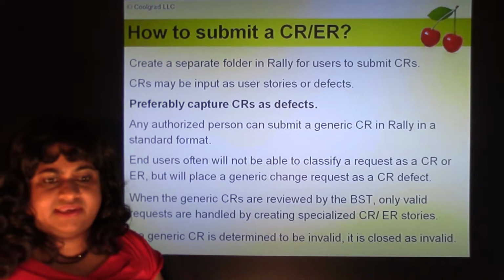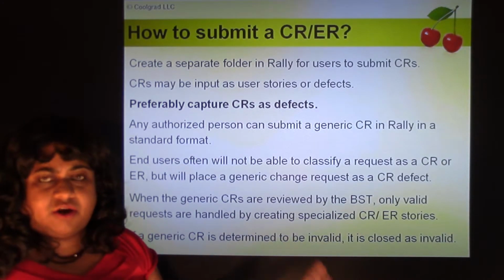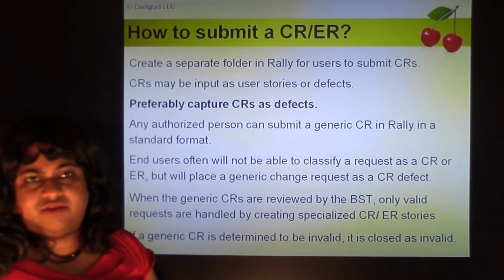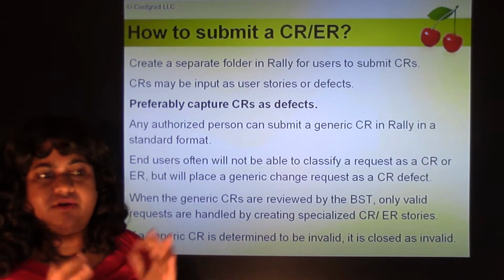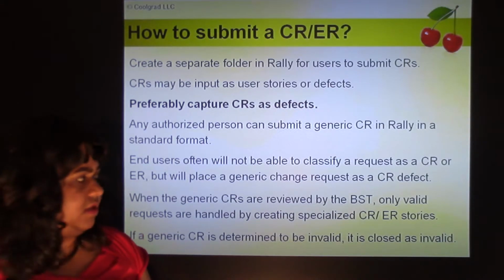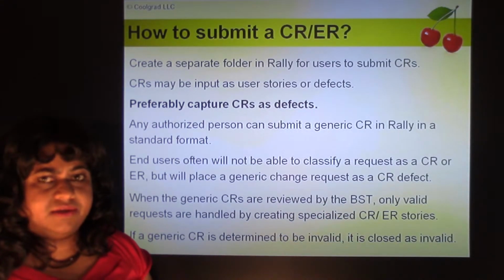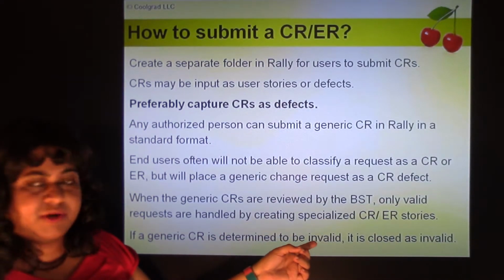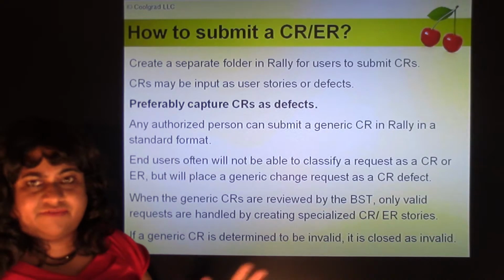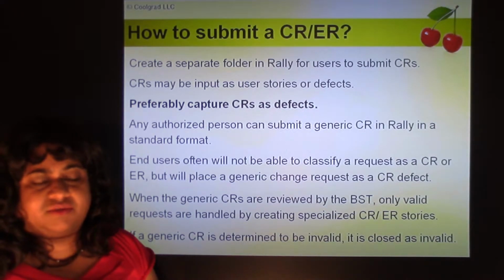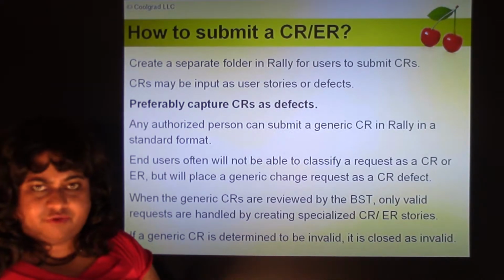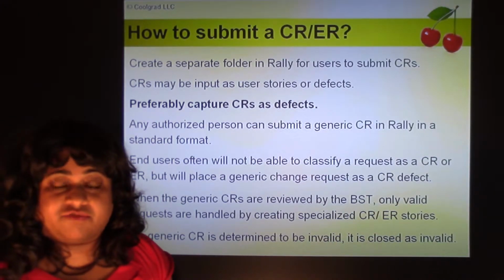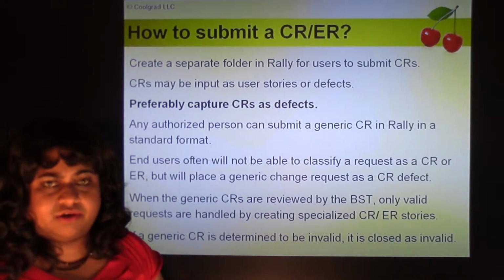They go through all these CRs and ERs and filter out the invalid ones, and the ones which are valid, they put as user stories in one particular folder under one feature in Rally. They create CR/ER user stories, okay? If a generic CR is determined to be invalid, it's closed as invalid, and then you inform the submitter that this was an invalid CR or ER for this particular reason. The BST rejects it and gives it back to the submitter.